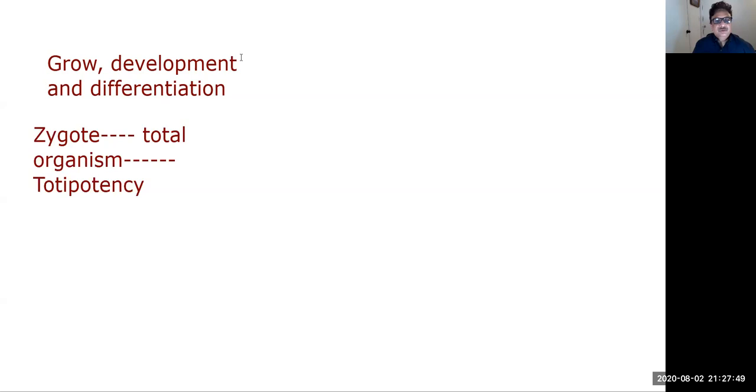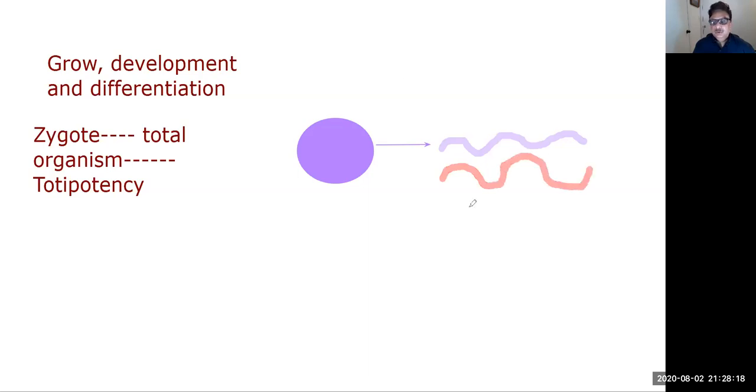Now, what happens is that after zygote is formed, the single cell, the cells start dividing, right? And when the cells start dividing, they form 3 layers of cells. Top layer, then the middle layer, and then the inner layer, right?